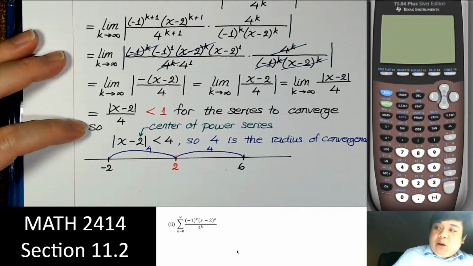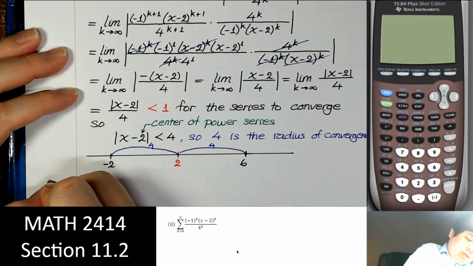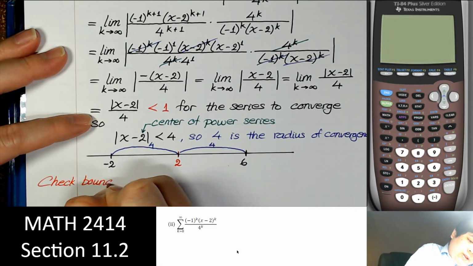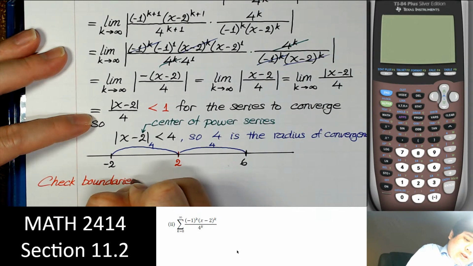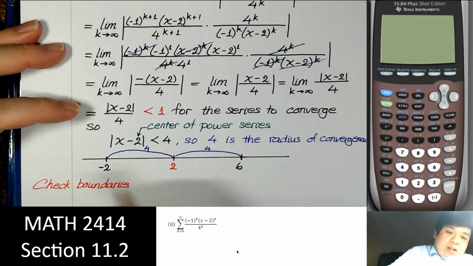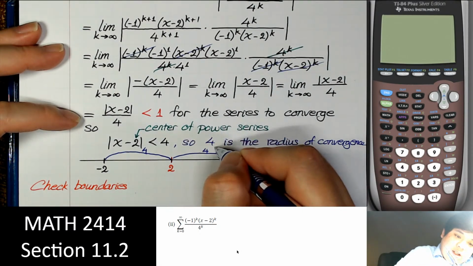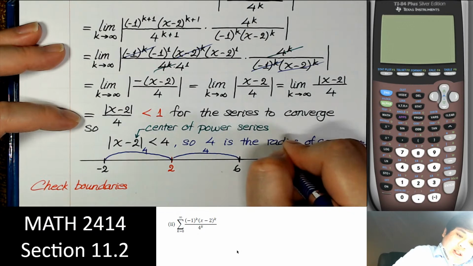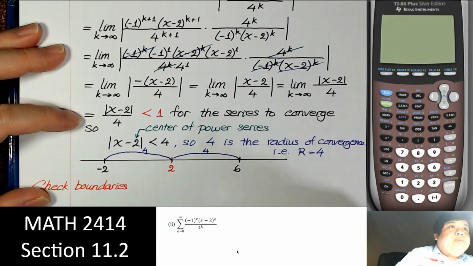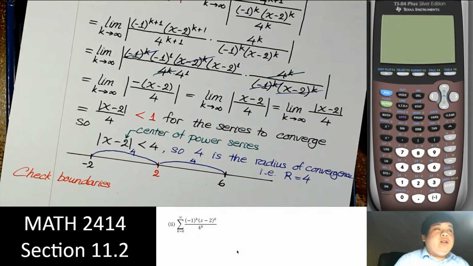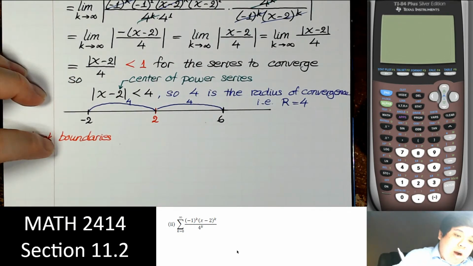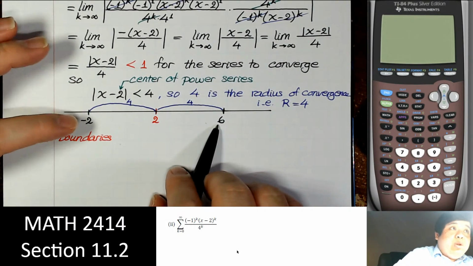So we do need to check the boundary. If the question only asks us for the radius of convergence, then we say 4 is the radius of convergence, or the radius of convergence is equal to 4. That's it. But if it asks for the interval of convergence, then we need to check the boundary, and that will be a lot more work than this. So for the boundary, we're going to use 6, and then we use negative 2.